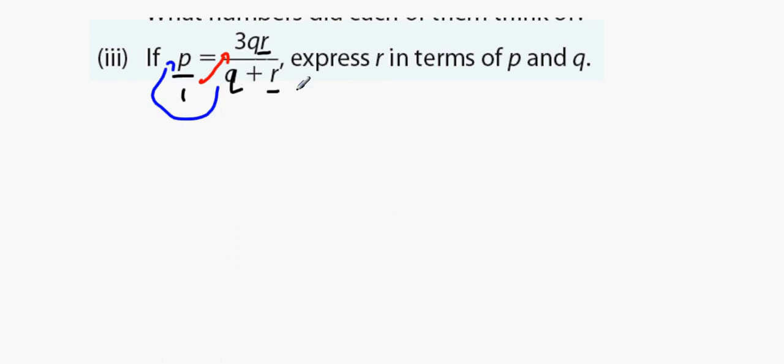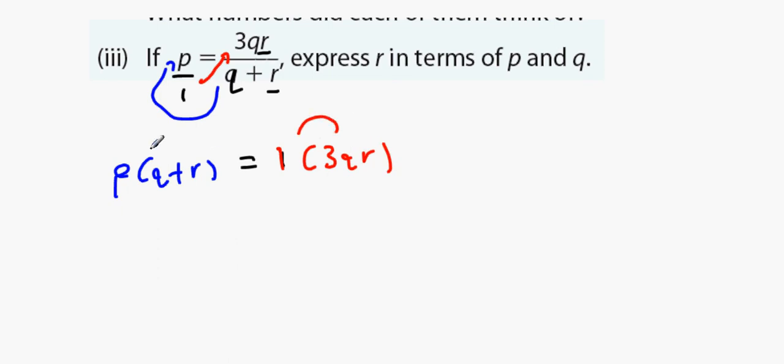Now the result of the blue line is going to be P into Q plus R. The result of the red line is going to be 1 multiplied by 3QR. Let's multiply both sides out. Okay, and what we're going to get next is PQ plus PR equals 3QR.